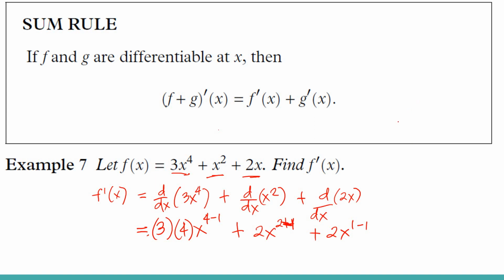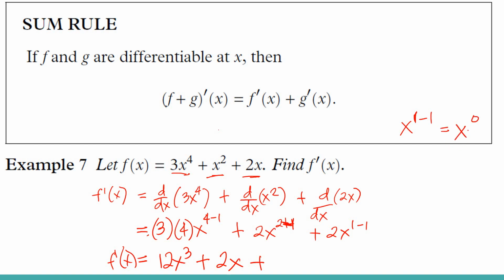Any variable, if there is no power written on it, has an automatic power of 1. So 1 minus 1 is equal to 0. The first derivative is 12x cubed plus 2x plus, for this one here, x raised to the power of 1 minus 1, which will become x raised to the power of 0.